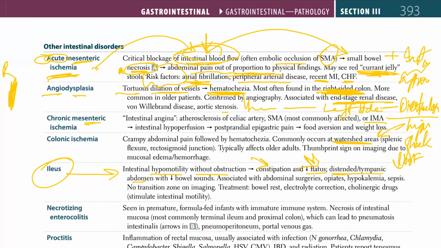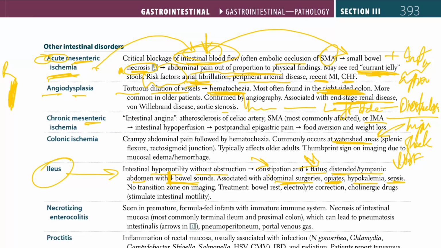You hit on it, there's going to be sound coming off it. And the bowel sounds are decreased because of the hypomotility. Associated with abdominal surgeries, opiates, hypokalemia, sepsis. No transition zone on imaging.